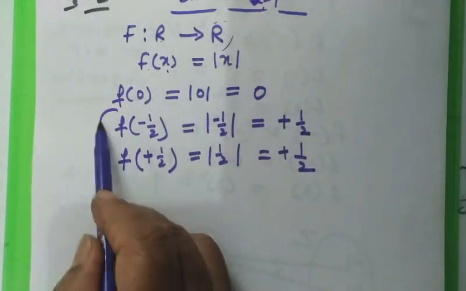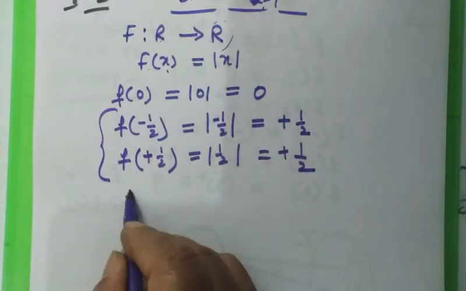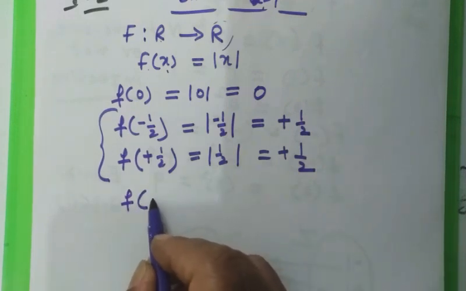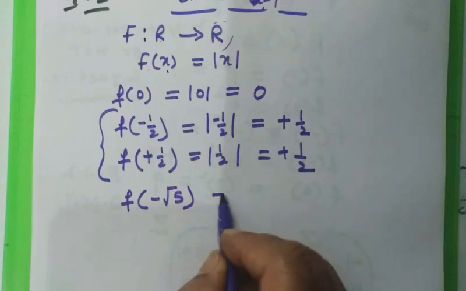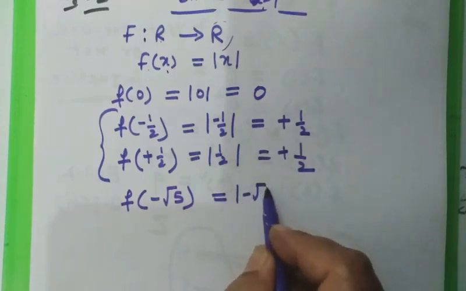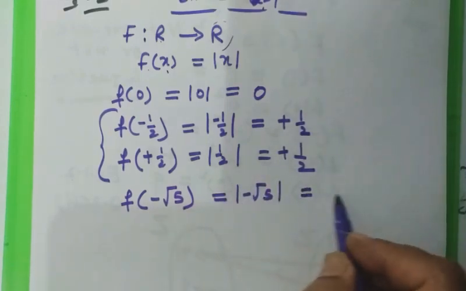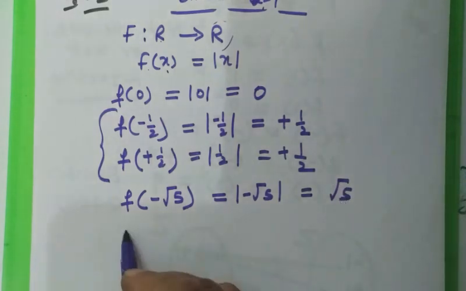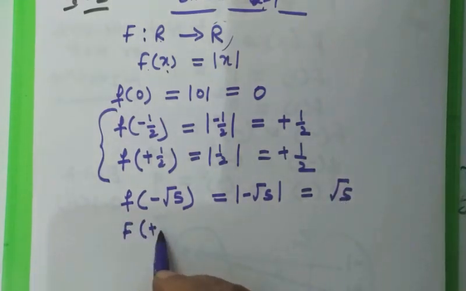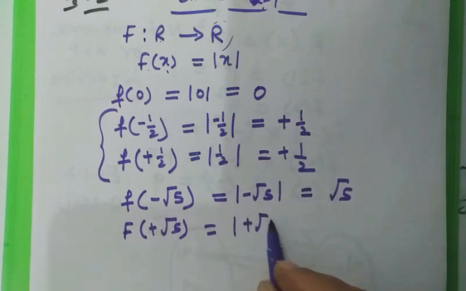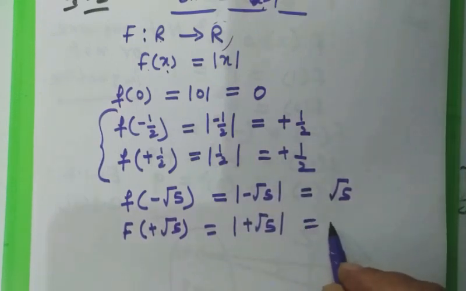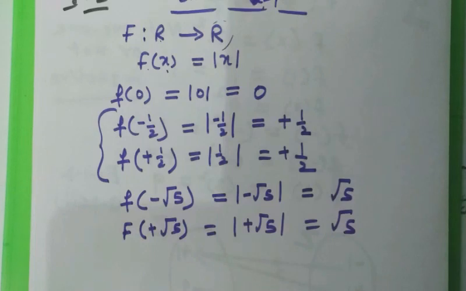So what have you observed? Is the function 1-1? If I apply it on minus root 5, it will be modulus of minus root 5, and that becomes plus root 5. If I apply it on plus root 5, the result will be modulus of plus root 5, that is plus root 5. So what have I observed?